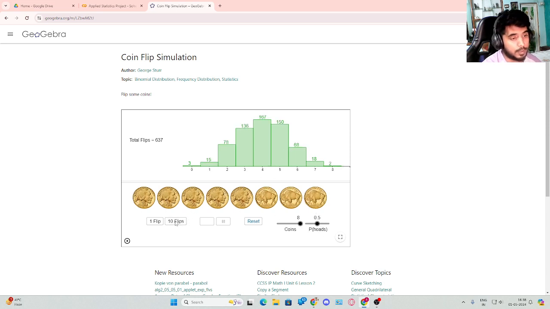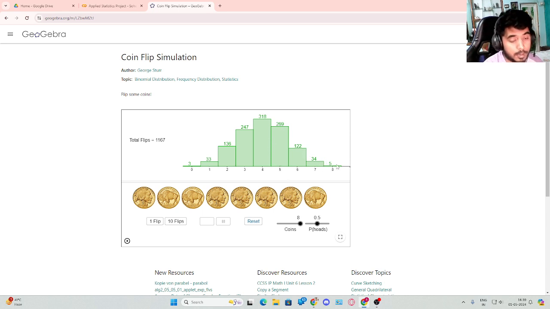Now if we keep on doing it, we see that it becomes more uniformly distributed. So if we look at the sum of all this, 3 times 0 heads have come out of the 8 coins, 33 times 1 head has come, 136 times 2 heads, 318 times 4, and 269 times 5 heads have come.